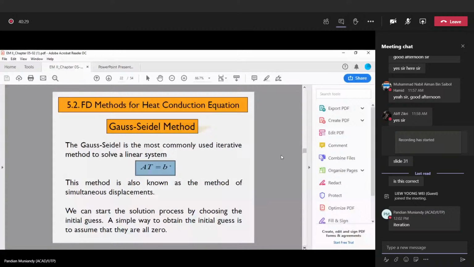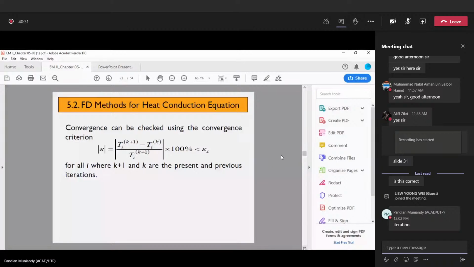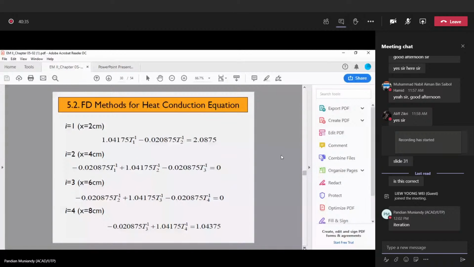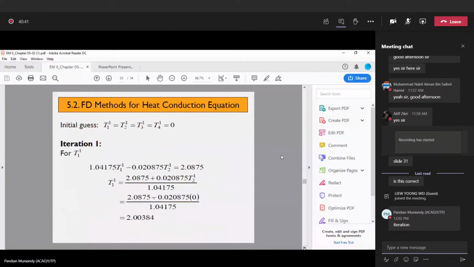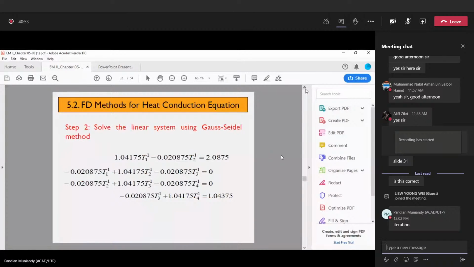So you may wonder how to solve using Gauss-Seidel. With this Gauss-Seidel, we want to use the numerical approach. So how do we do that? Using the initial guess, you have this equation. This is the first row, T1, T2, from the first equation. So you are solving T1 superscript 1, T2 superscript 1.